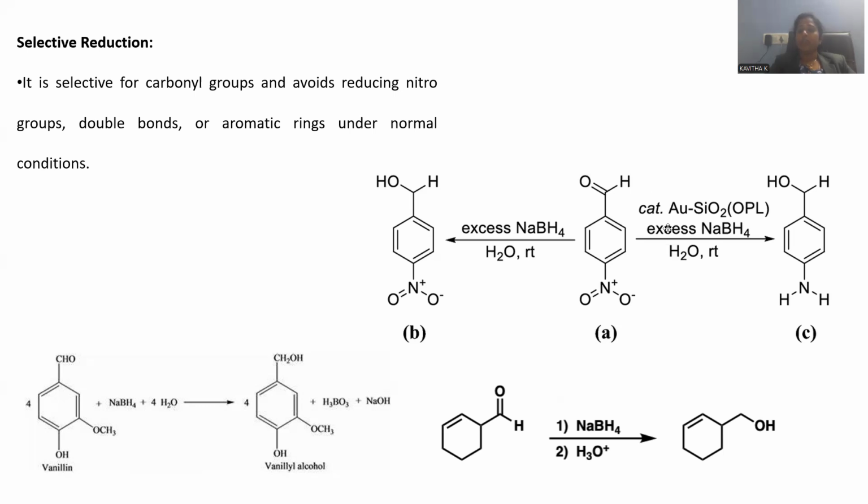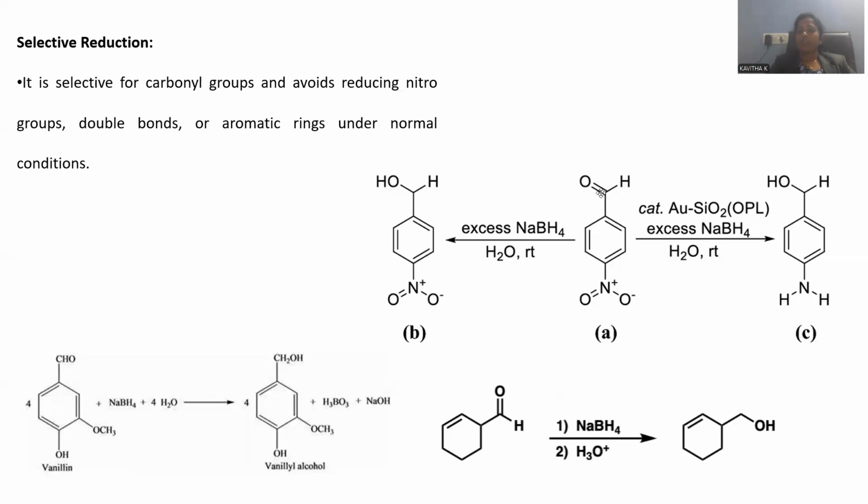But let me go with another possibility. Another catalyst is applied, a silane-type catalyst, and sodium borohydride. Again, the reducing agent is sodium borohydride only, but additionally we are adding a silane-type compound. Whenever this catalyst is added, it has extra reactivity, an additional reduction property towards the nitro group also, so the nitro is also subjected to reduction, giving rise to an amine as the product.